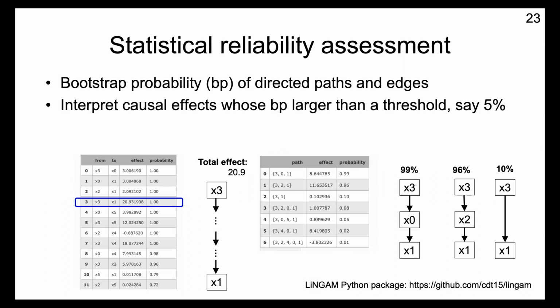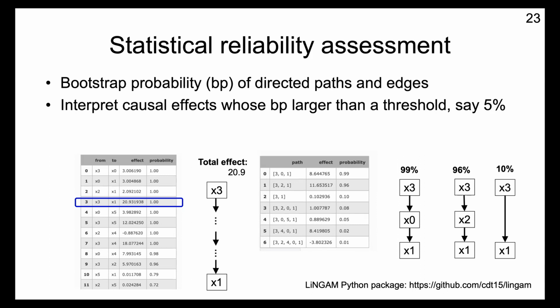If the bootstrap probability of each directed path or directed edge is larger than some threshold, say 5% or more, we would say that they are reliable enough to interpret them.